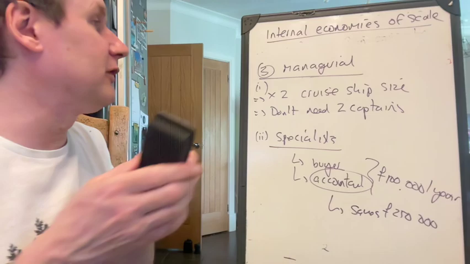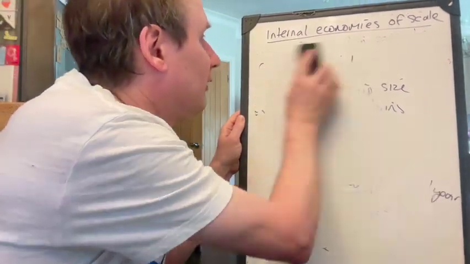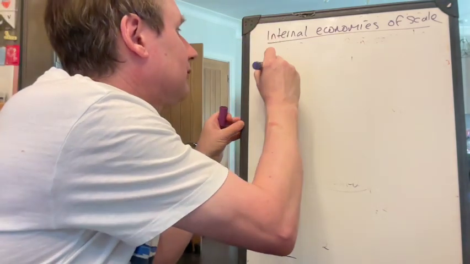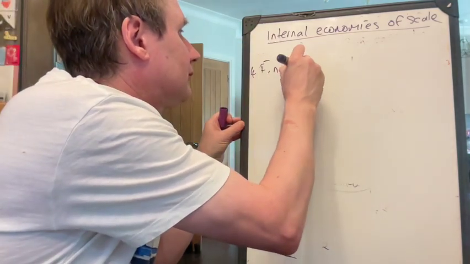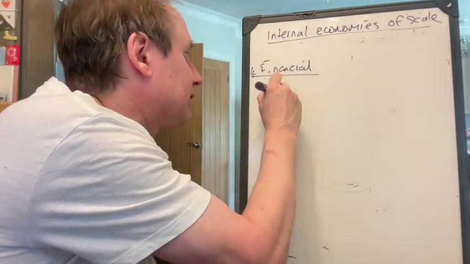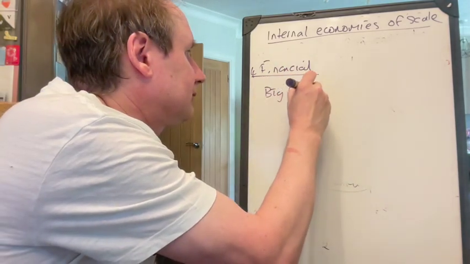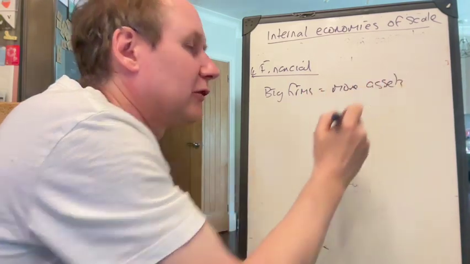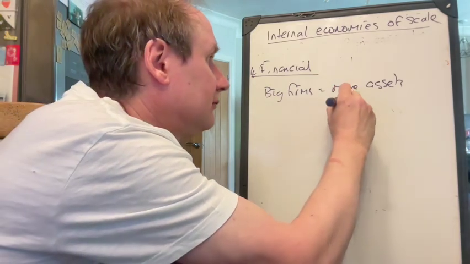And lastly, most obviously, there are financial economies. Big firms have more assets. They've got more collateral.